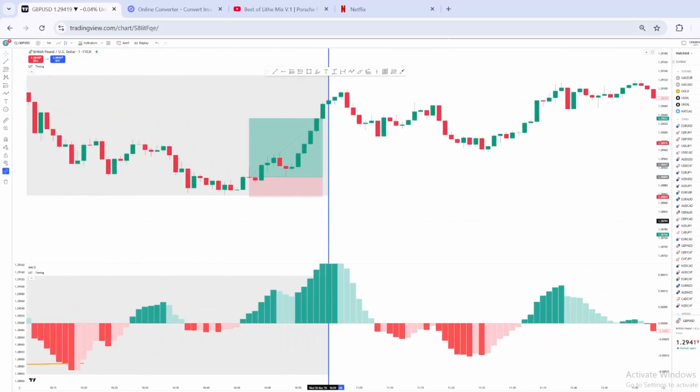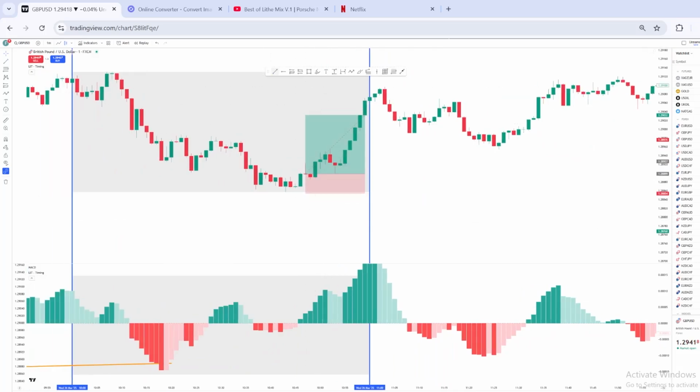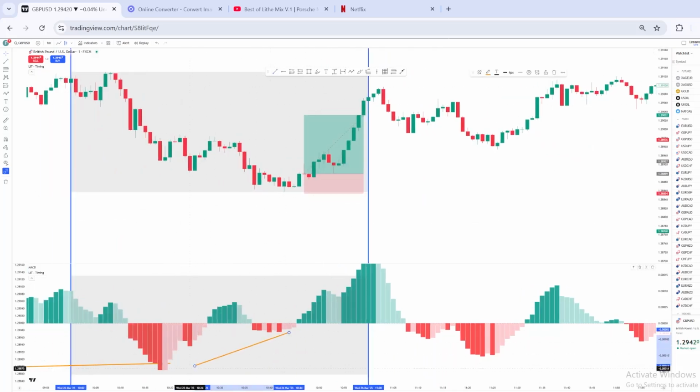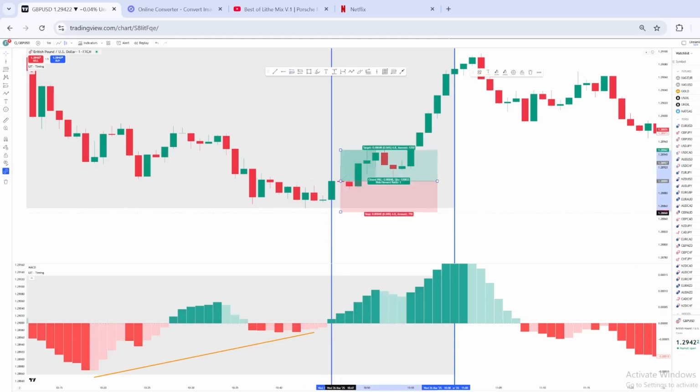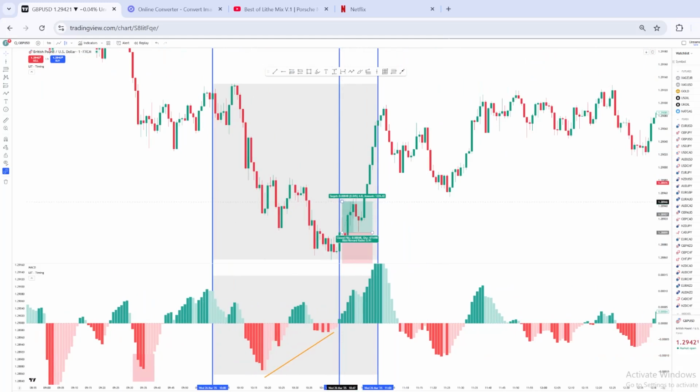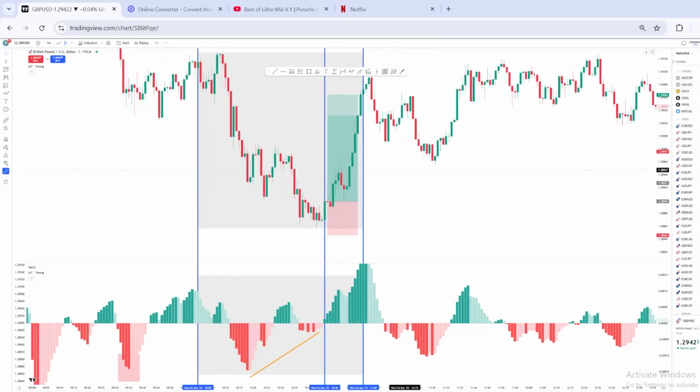As I said before, we wait for the divergence here, and I wait for the divergence to complete here, right on this green bar. So I enter on the next one, stop loss below the low, and as I said, target, let's say 3RR.